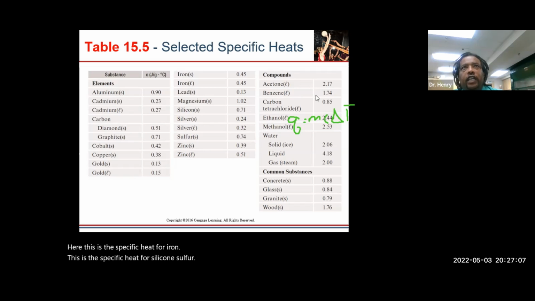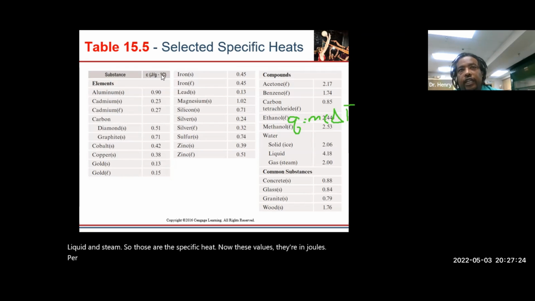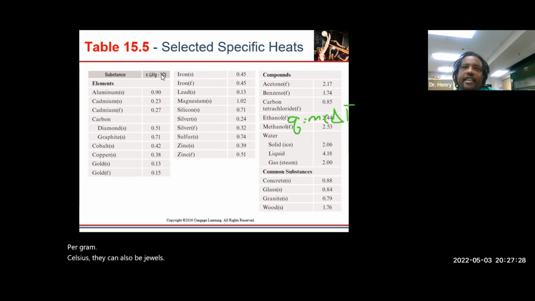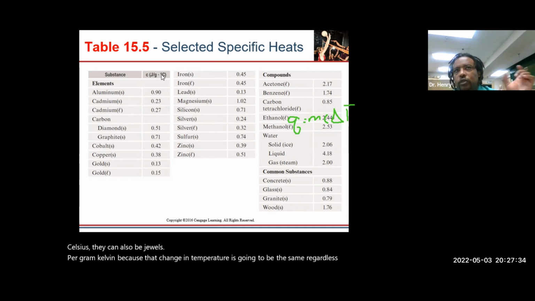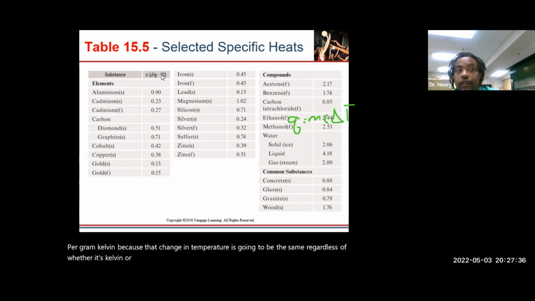And these are the specific heats for compounds like water in the ice form, so ice, liquid, and steam. So those are the specific heats. Now these values are in joules per gram Celsius. They can also be joules per gram Kelvin, because that change in temperature is going to be the same regardless of whether it's Kelvin or Celsius, not if it's Fahrenheit.